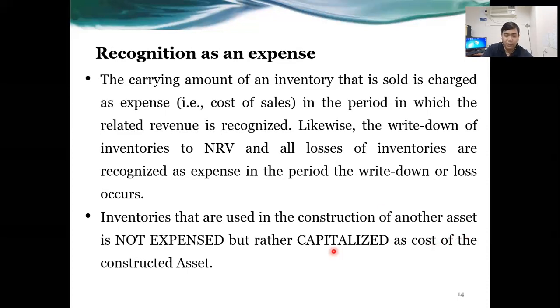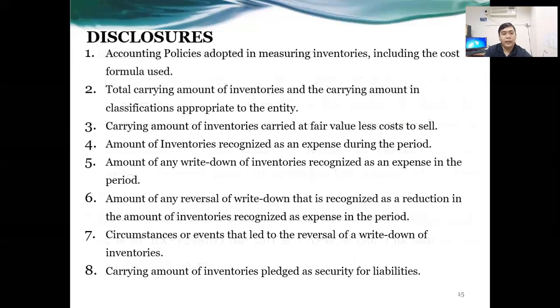Okay, anong treatment sina? So, inventories that are used in the construction of another asset is not expense, but rather capitalized as cost of the constructed asset. Gets? So this is amo ni siya ang mga different disclosures nga ginahambal sa standard.